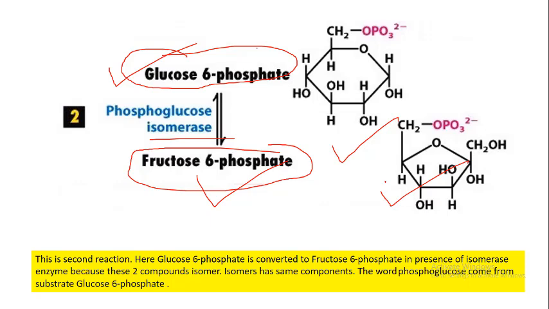The word phosphoglucose comes from glucose 6-phosphate. Glucose 6-phosphate is the substrate here and fructose 6-phosphate is the product.